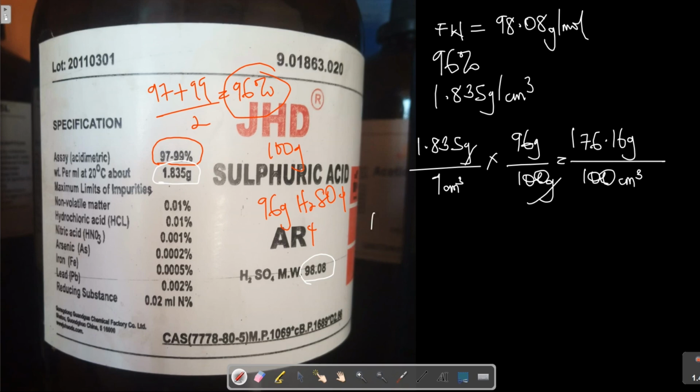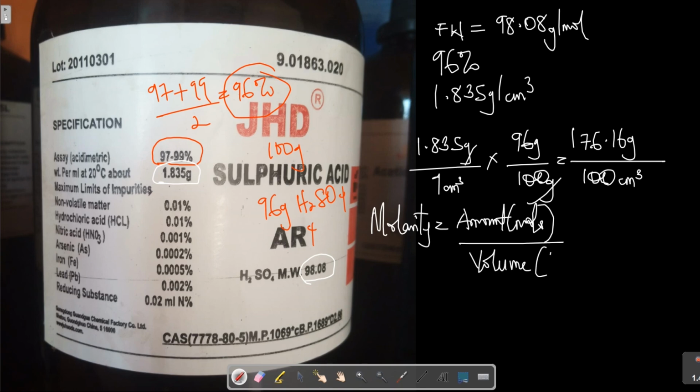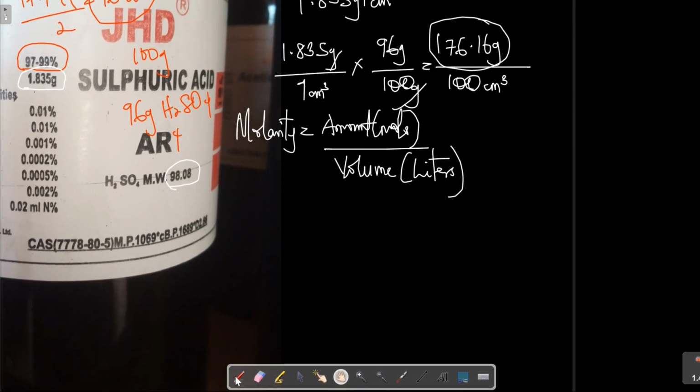All right, so from our formula, molarity is equal to amount in moles over volume of solution. We all know that volume is in liters. Okay, so now we already have the mass here. All we need to do, we want to look for the amount of this 176.16 grams. So we start first by saying amount is equal to mass over molar mass.